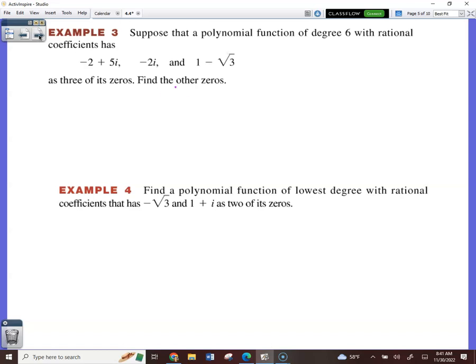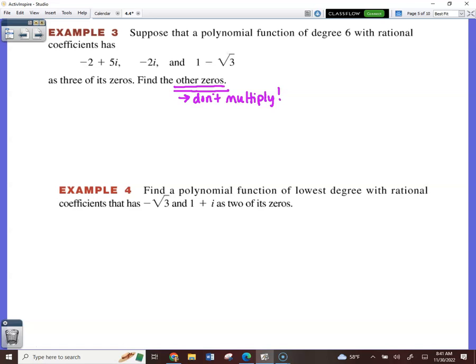It says find the other zeros. This means don't multiply. Don't you dare start trying to shove it all together and multiply it out. This just means tell me the other zeros, okay?